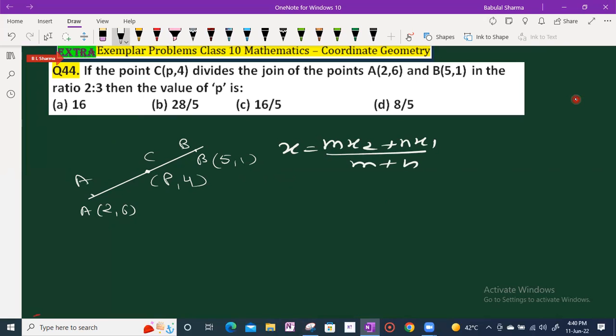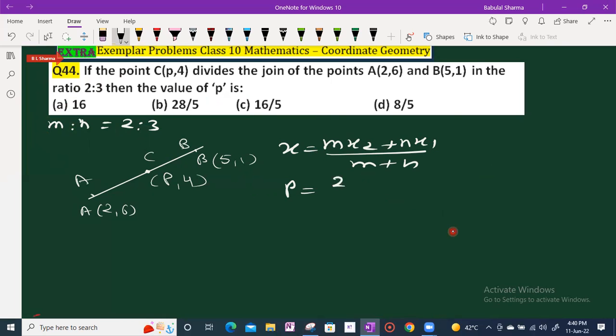यहाँ हमें y coordinate की इसलिए जरूरत नहीं है कि y coordinate is already given and we need the m is to n. So in place of x you put p, in place of m is to n, that is 2:3. ये 2:3 रेशियो में डिवाइड करता है, तो in place of m you can write 2 and in place of n you can write 3.